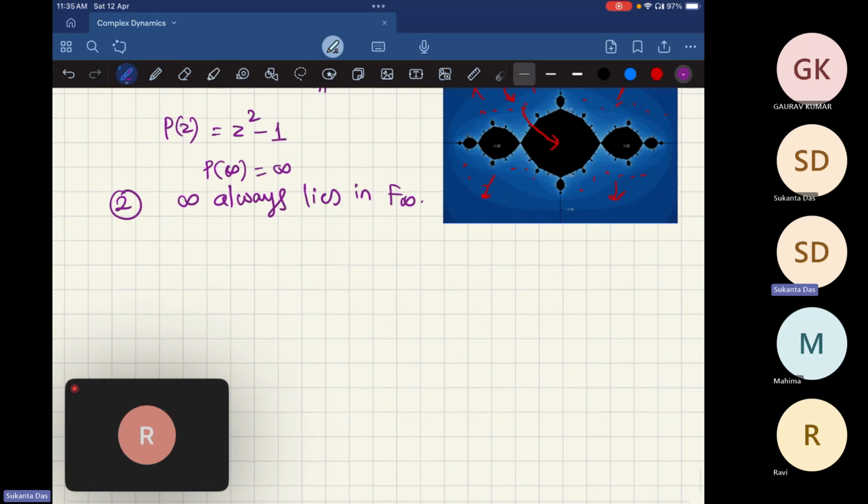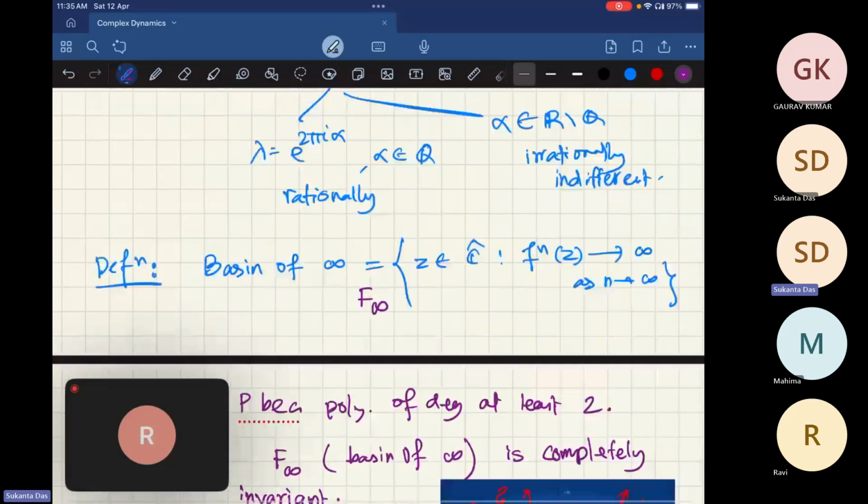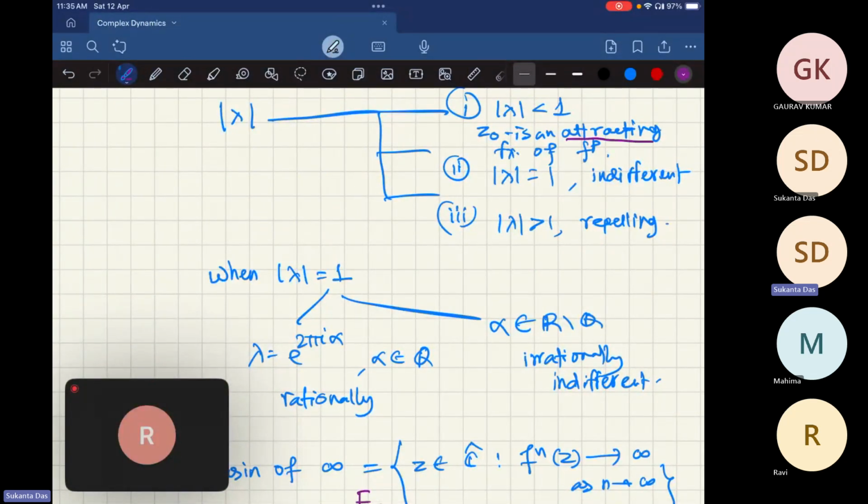Now, the thing is that in particular, infinity is a super attracting fixed point. Okay, so here I should mention one more thing. I have written here attracting if your mod lambda is less than 1. If your lambda is 0, in that case I will say it is a super attracting periodic point or super attracting fixed point of p.